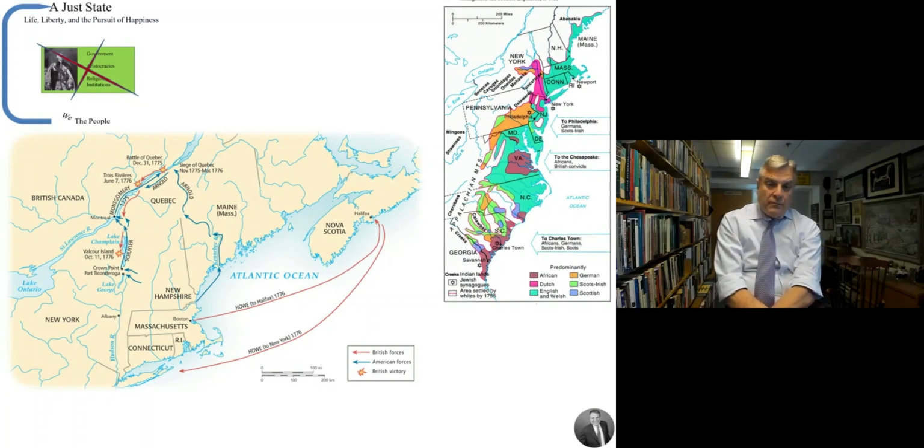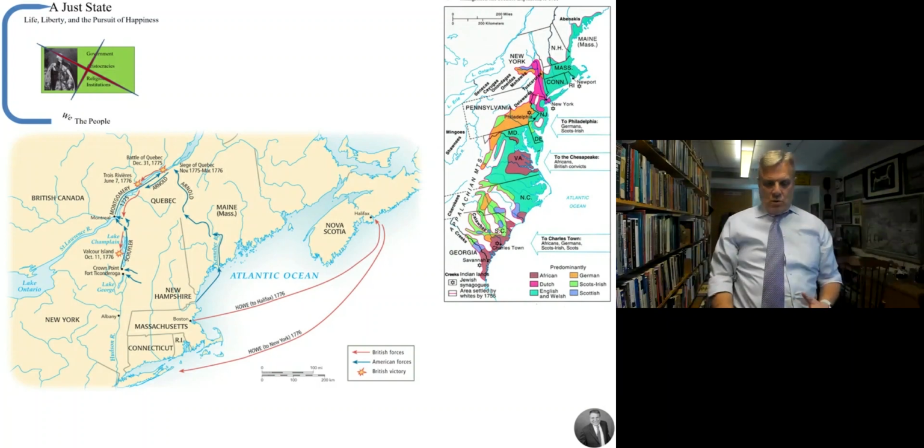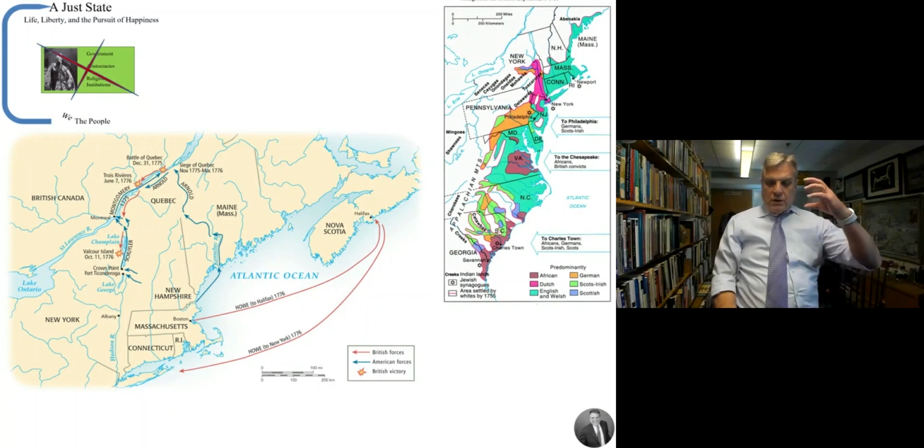The British occupied Boston, and they end up surrendering or evacuating Boston in March of 1776. So this is the first big phase of the war. The new Continental Army is running. It looks like the war is largely going to be just contained to New England.